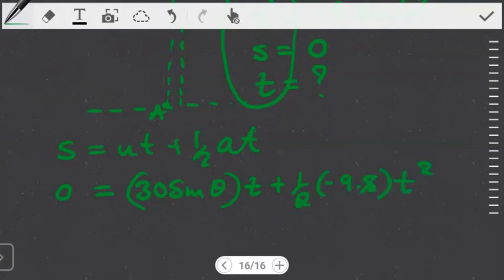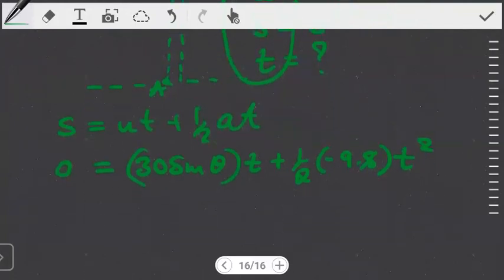Okay, so from here, we then have to just simplify this equation a little bit further. When we try to simplify this equation, let's see what happens. This becomes 0 is equal to 30 sine theta t, and then the negative comes outside, this becomes 4.9 t squared.